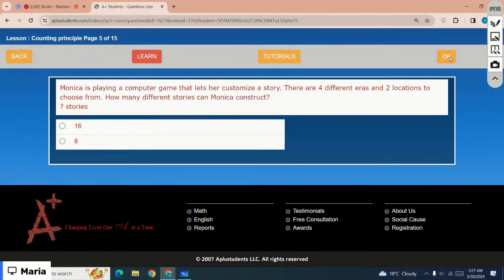The total stories she can construct is four times two, right? The correct option is eight.